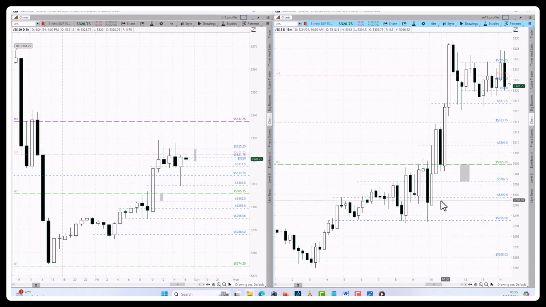So basically we see that level right there. We say that if it breaks, you see the level, it tests both levels after the 55, we say.